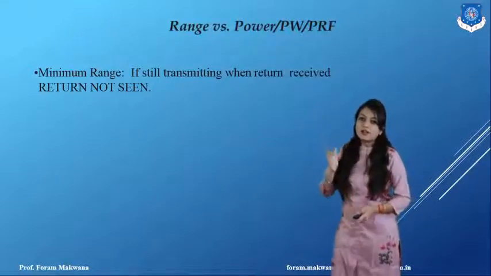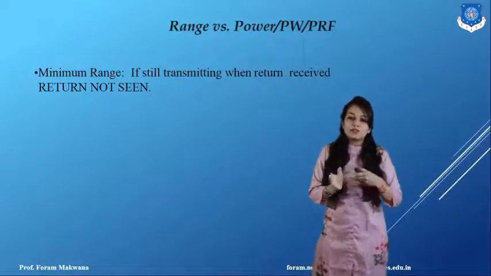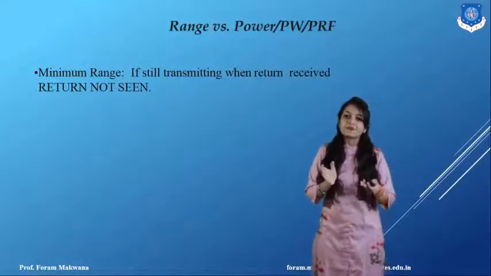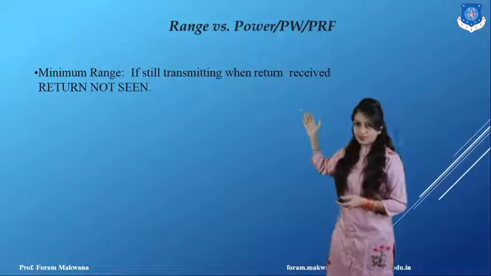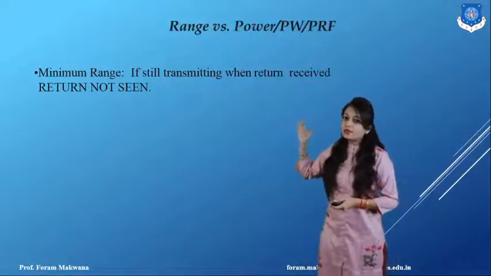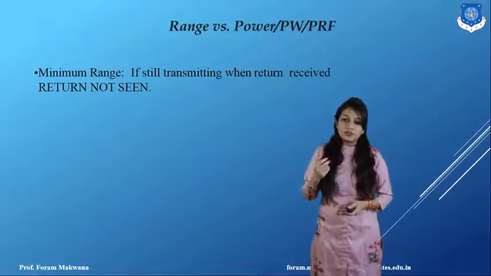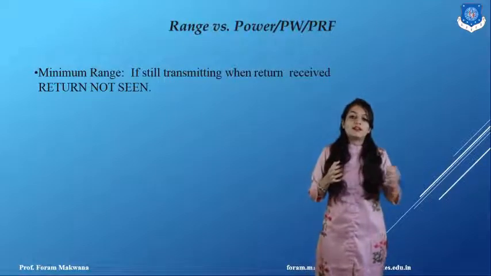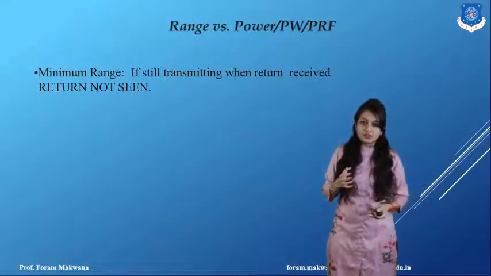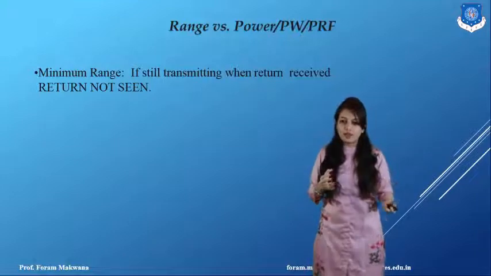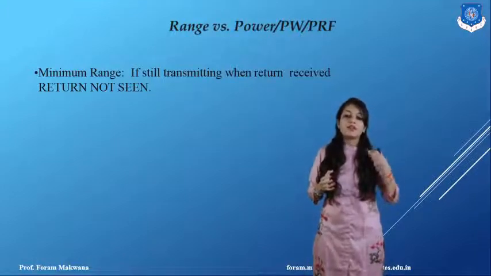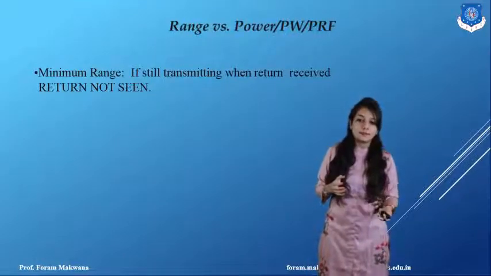First of all, we are going to see the definition of range. When a signal is transmitted but a return is not received, that means my target is out of the range of the radar, and we are not able to receive the echo signal.